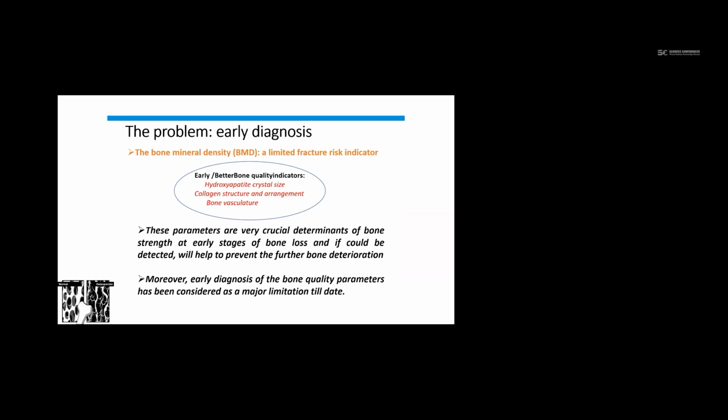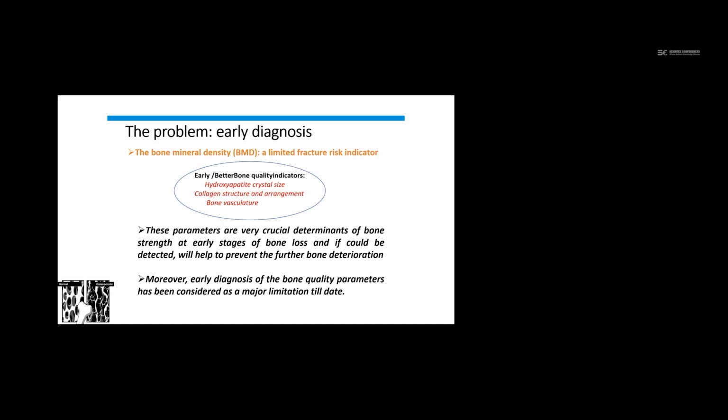So this particular technique, which we will talk about further, has a number of benefits. It might be able to deduce all these parameters, which are the bone quality parameters.